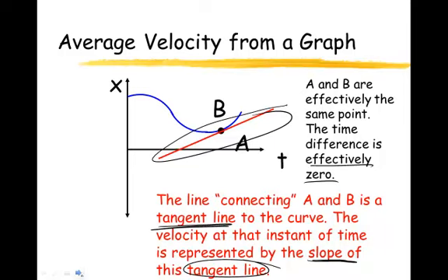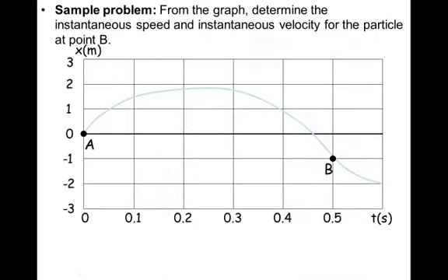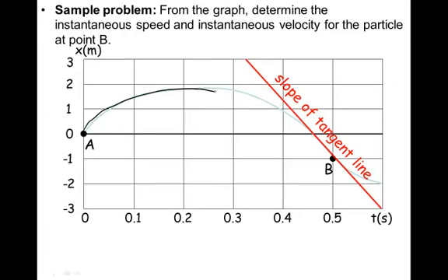Okay, so that's velocity at that particular instant. So if we wanted to find the instantaneous velocity on this graph at location B, we would have to first find the slope of the tangent line. So let's go back and draw this line back in there. So at this point, we need to draw our tangent line at location B.